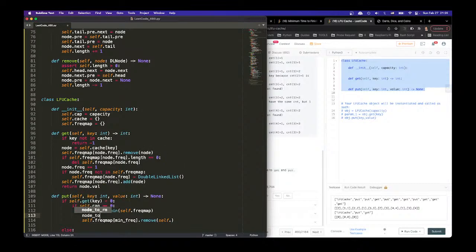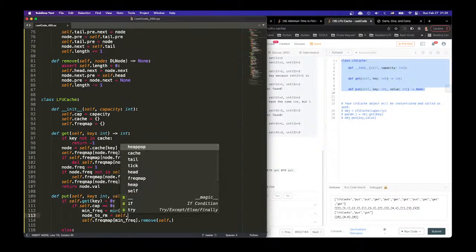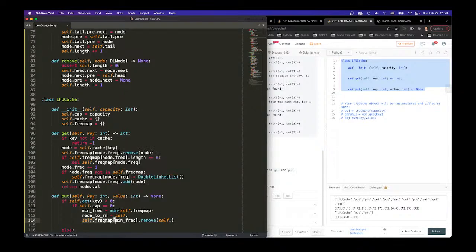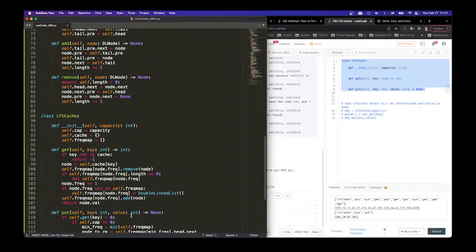So node to remove will equal to self dot frequency map minimum frequency linked list dot head dot next. All right, that's the one to remove. So now what we're gonna say is dot remove node to remove. Right? Okay, so I remove it.